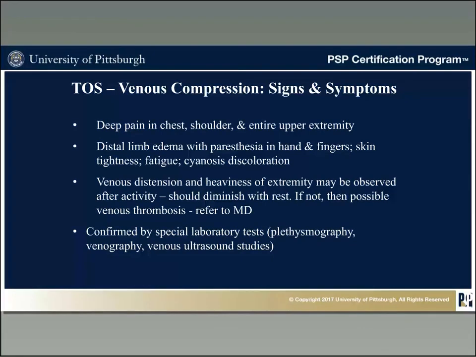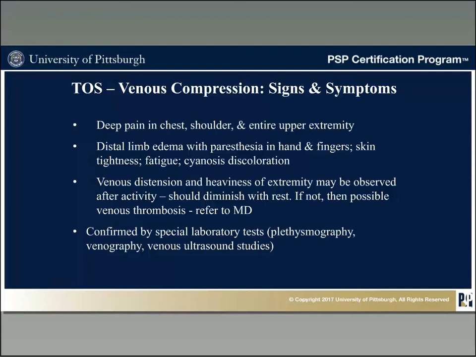In terms of a venous compression, or the other type of vascular thoracic outlet syndrome, this is where we can now think about the return phase of the vascular equation. This is where blood returning via the venous system is being impaired. And what we're going to see here is a backup in the system.